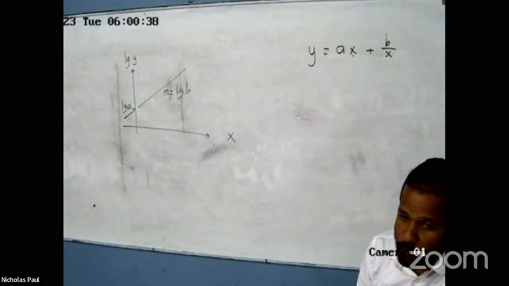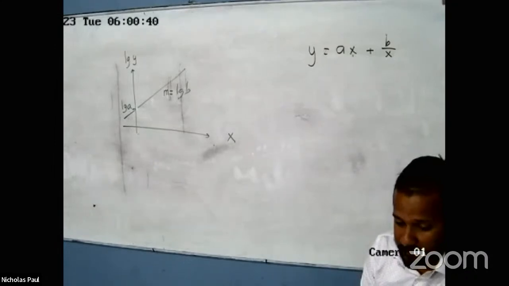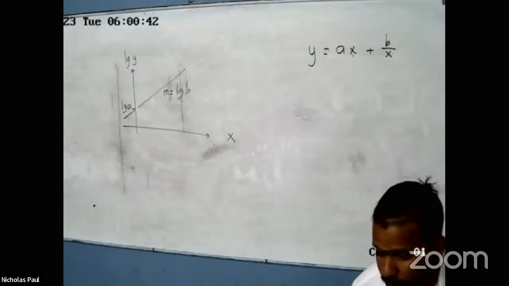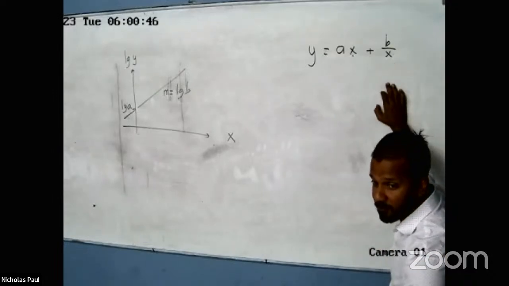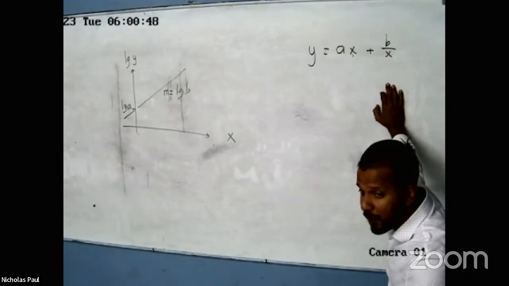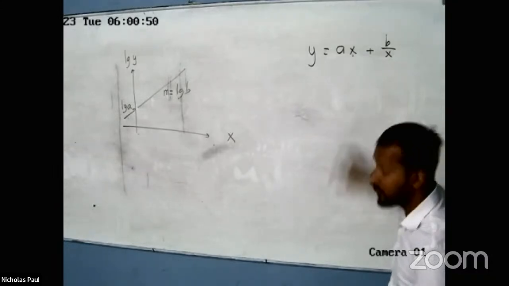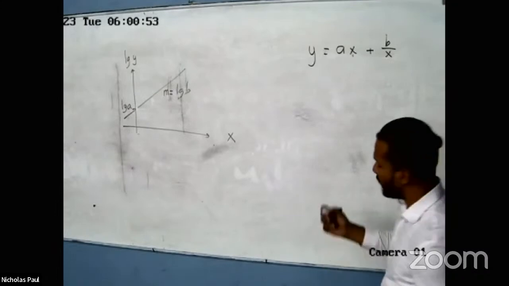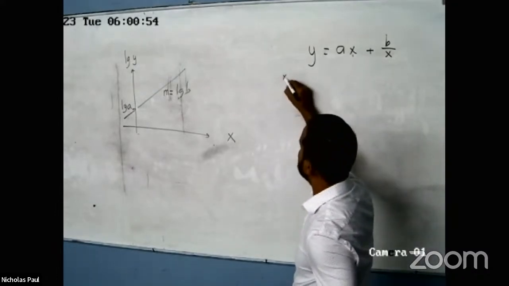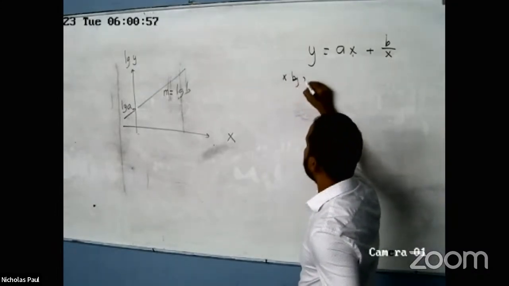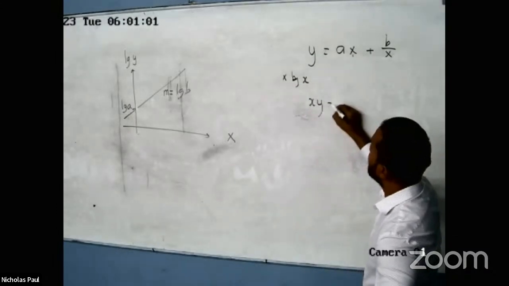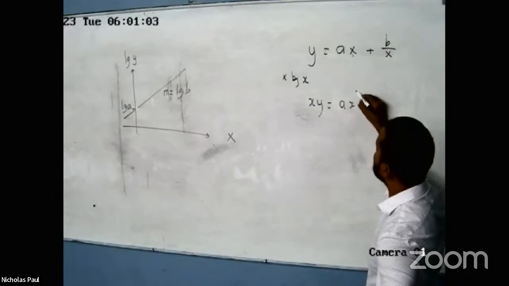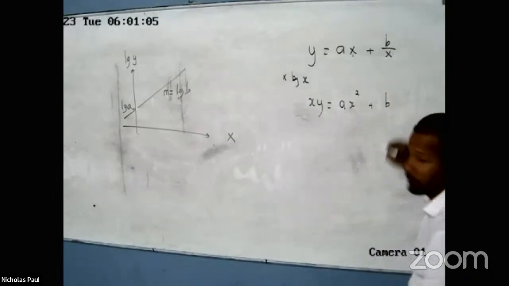Logs on both sides wouldn't simplify that, it'll make it more complicated. What else can we do? We don't want this x here. Justin said to multiply everything by x. So I'll get xy is equal to ax squared plus b.